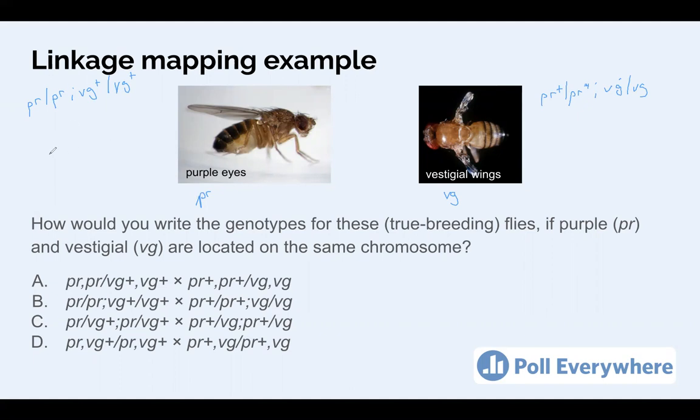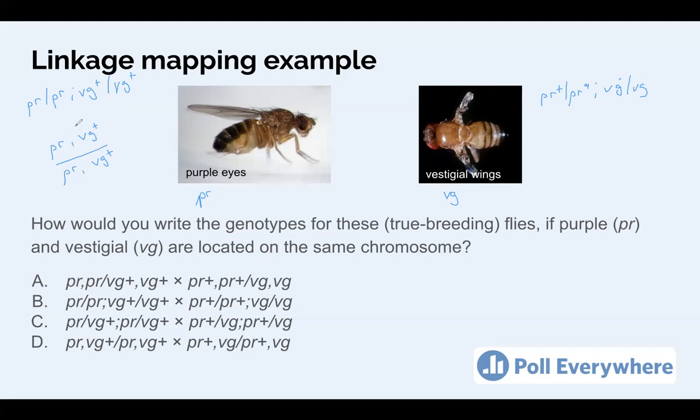So instead, we want to use the notation that tells us that PR and VG plus are on the same chromosome: PR comma VG plus. So we still have a homozygous individual, but then these are the different homologous chromosomes. So PR, same chromosome as VG plus.